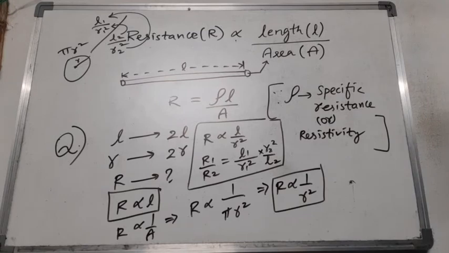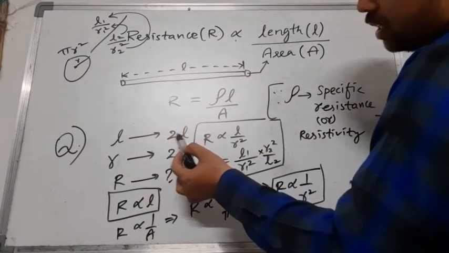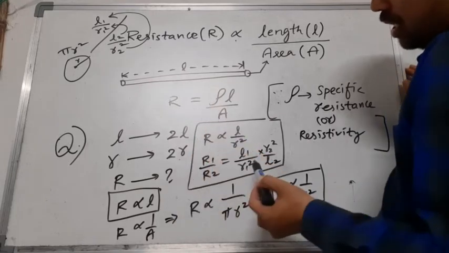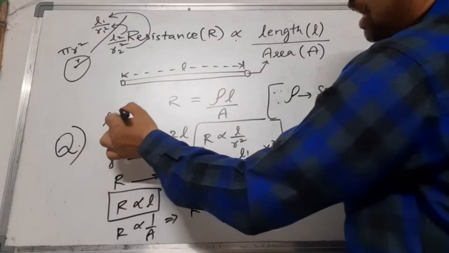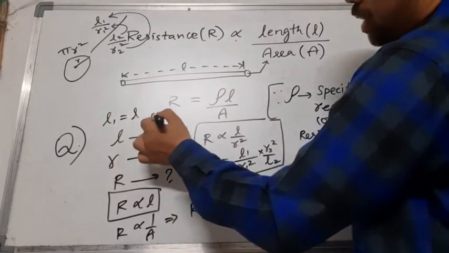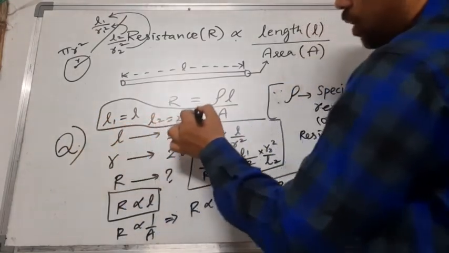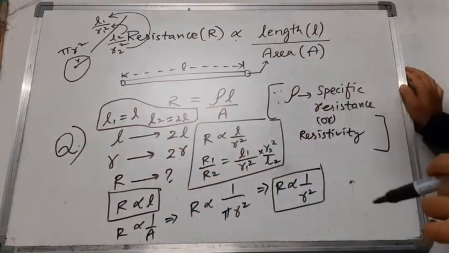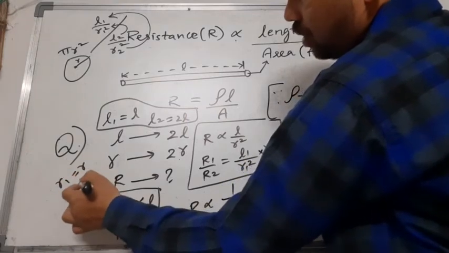So what did he say? L is doubled, he said. r is doubled, he said. Substitute the values here. L1 you take as L only, but L2 you take as 2L. Similarly, r1 is equal to r only, r2 is equal to 2r.